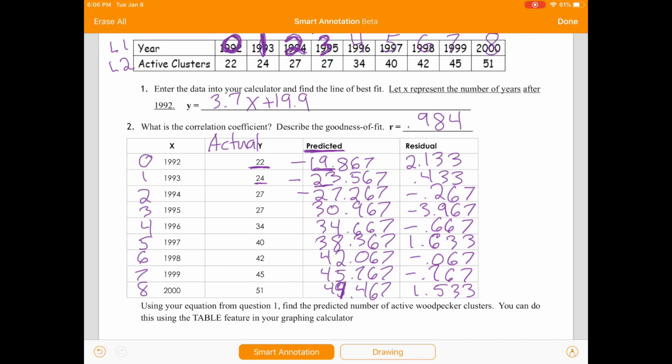So now we have our predicted values, we have our residuals. So now we can answer a few questions about this set of data.